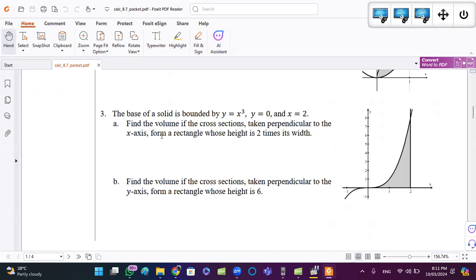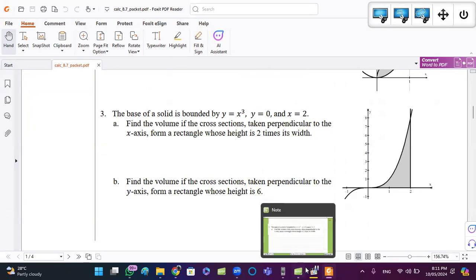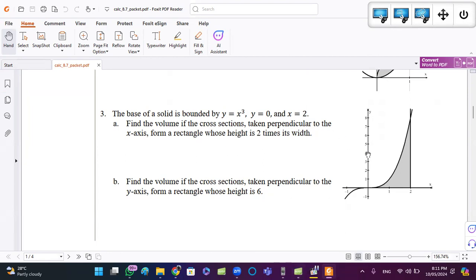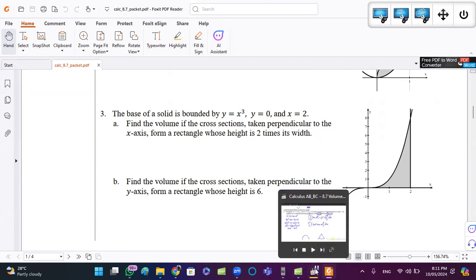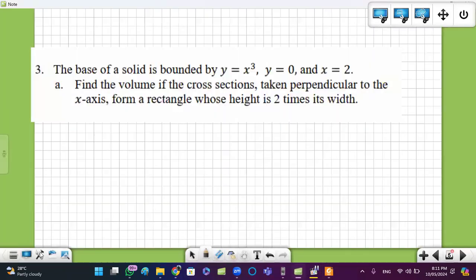Cross section perpendicular to the x-axis, rectangle whose height is 2 times width. What will I do? The area is length times width, right? Yes. So look here. I would say that the length is the difference, x to the power 3, correct?